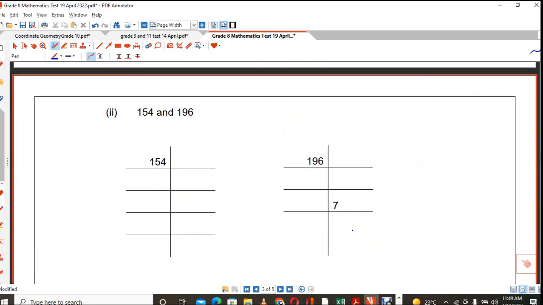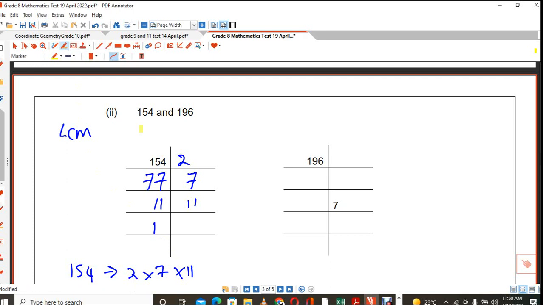Let's do these two. LCM. Again, we are looking for LCM. What is half of 154? It's 77. What is the next prime number that goes in 77? 7. So 154 is 2 times 7 times 11.